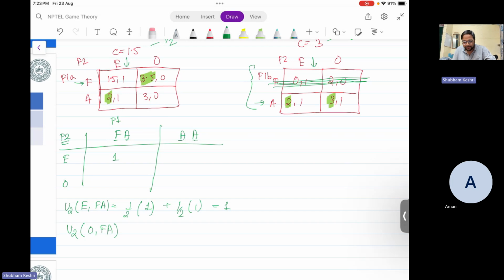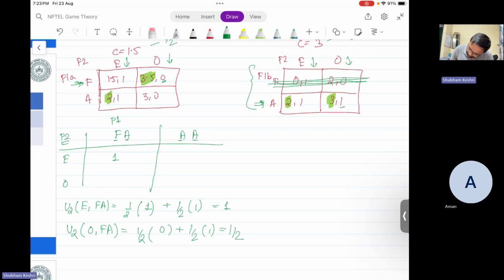U2 of O, FA, that is player 2 is remaining out and player 1A is fighting and B is accommodating, then expected utility will be half times. You see, when he is remaining out and player 1 is fighting, then his utility is 0, plus half times, when he is remaining out and this player is accommodating, his utility is 1, so it is half.